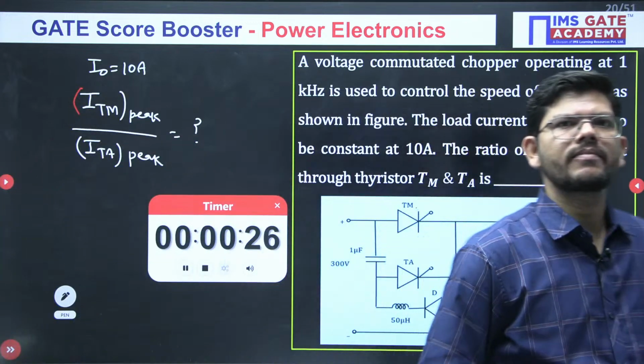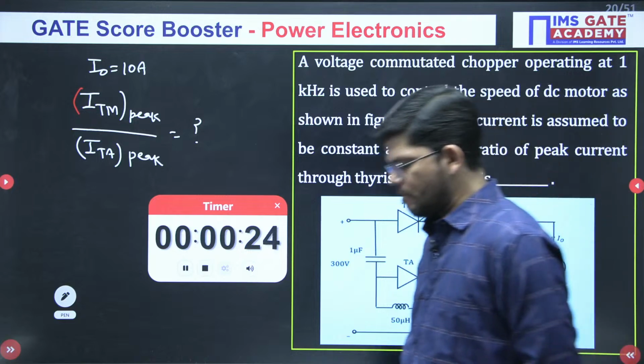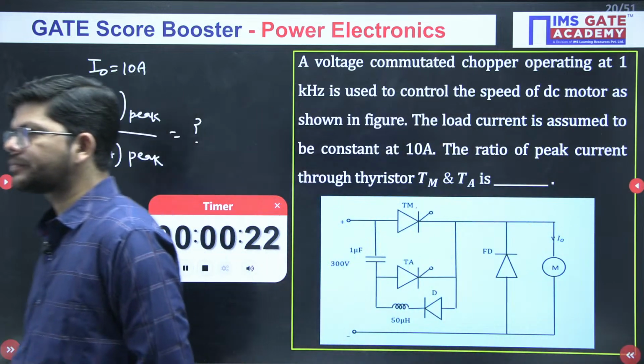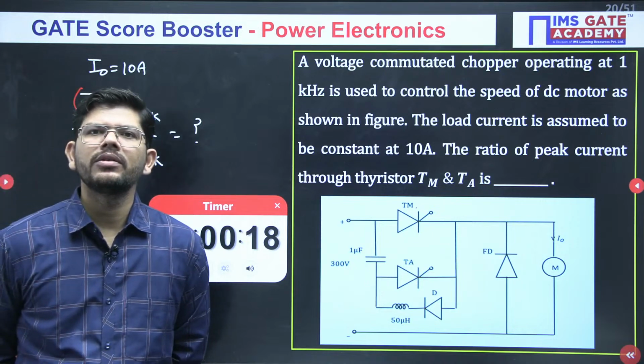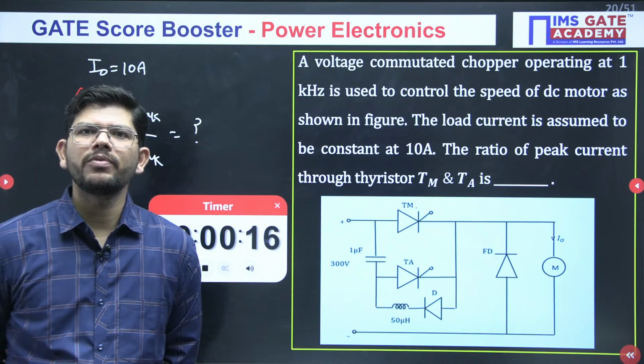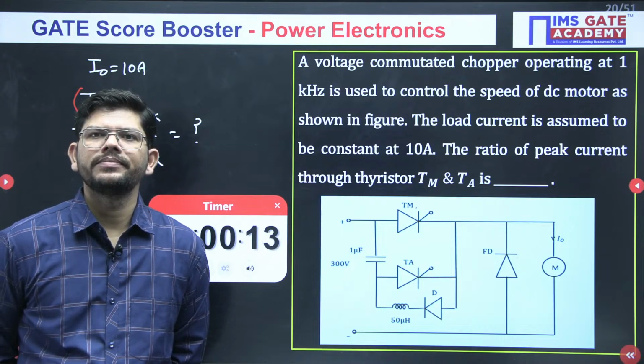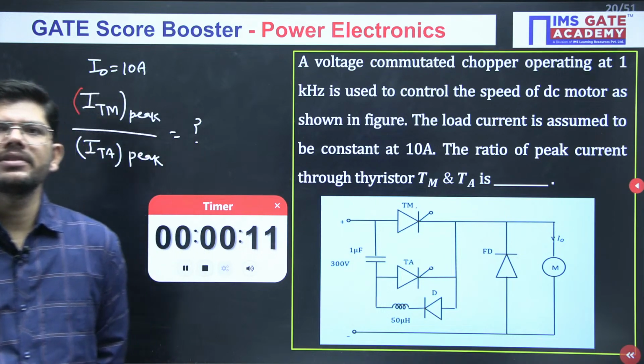Last 30 seconds. Okay, Divya is getting 2.41. We will check Nilmesh.